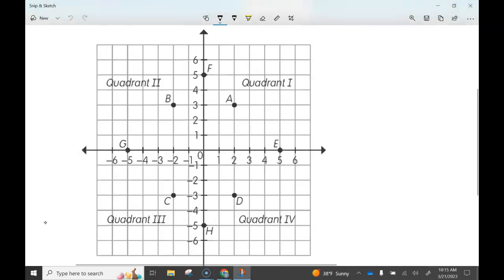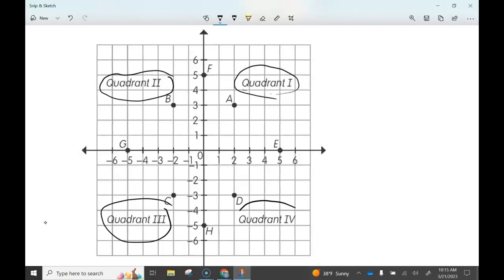We can see quadrant 1, quadrant 2, quadrant 3, and quadrant 4. We could see that point A is in quadrant 1, point B in quadrant 2. G is lying along the x-axis, between quadrants 2 and 3.